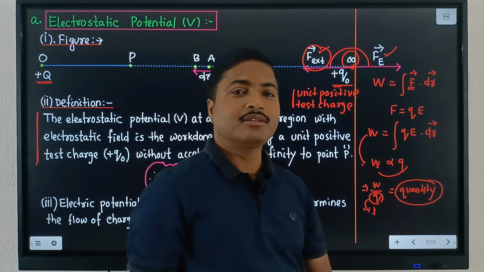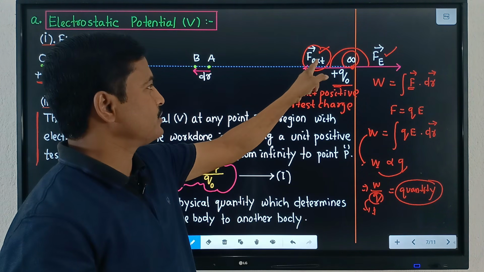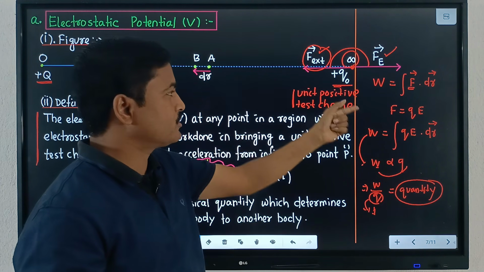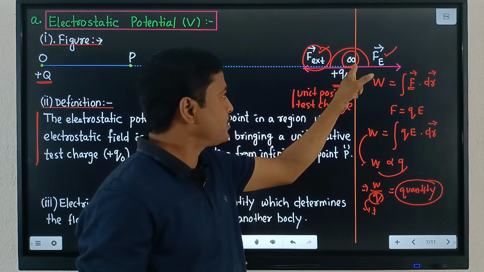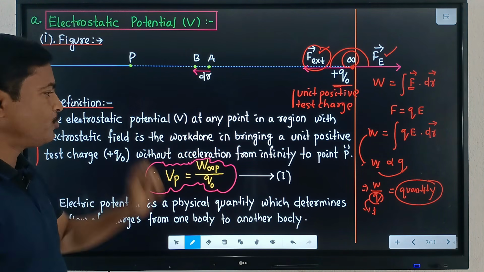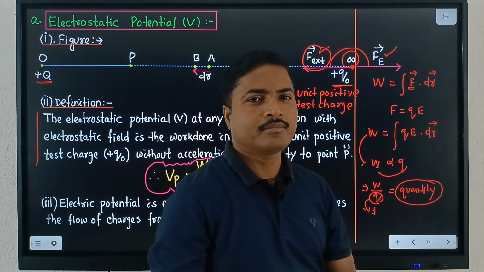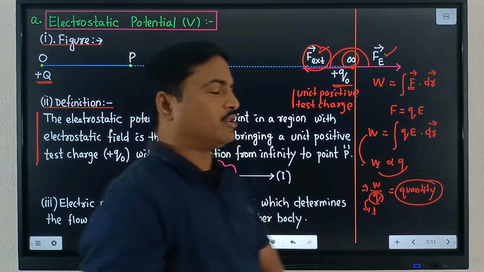Then some work is done by this external force when the unit positive test charge moves from infinity up to point P without any acceleration, and that is known as the electrostatic potential.